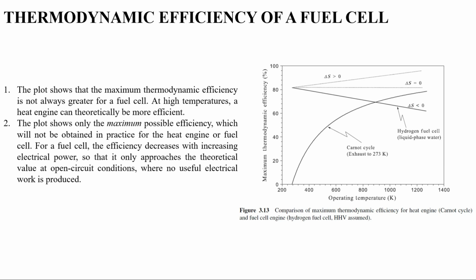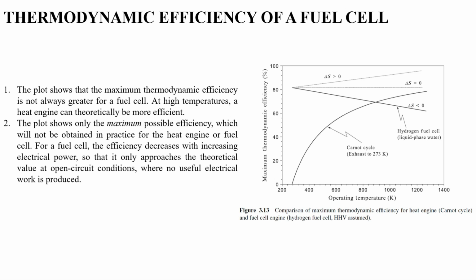And in practical applications, the electrical efficiency of the fuel cell decreases with increasing electrical power. So it will only approach the theoretical value at open circuit condition where no useful electrical work is produced.